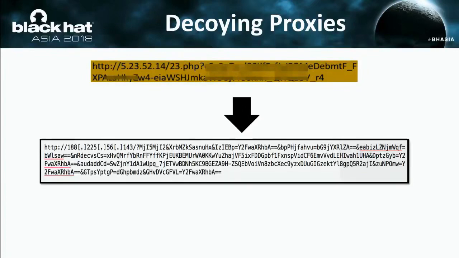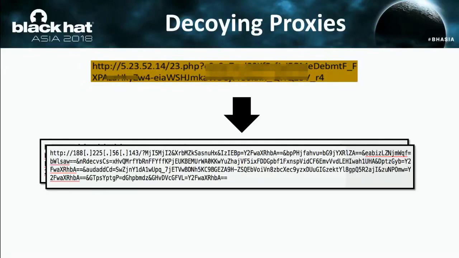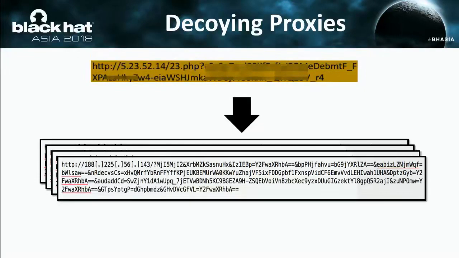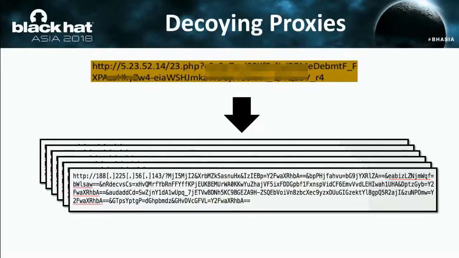So this is a real proxy server, real IP and real URL. And accessing this API server, the registered user can generate a lot of proxy server URLs.